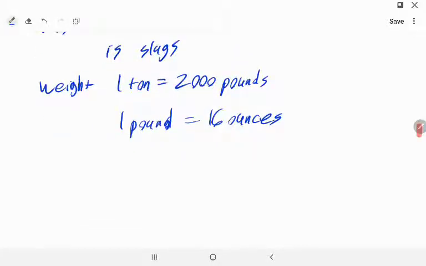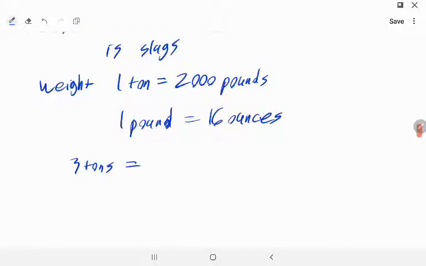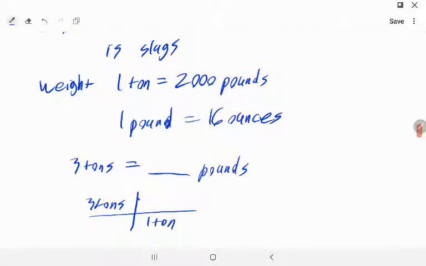So we notice that if we wanted to know 3 tons as blank pounds, we know that we were getting 3 tons times 1 ton matches 2,000 pounds. The tons cancel out, and so we wind up getting 6,000 pounds.